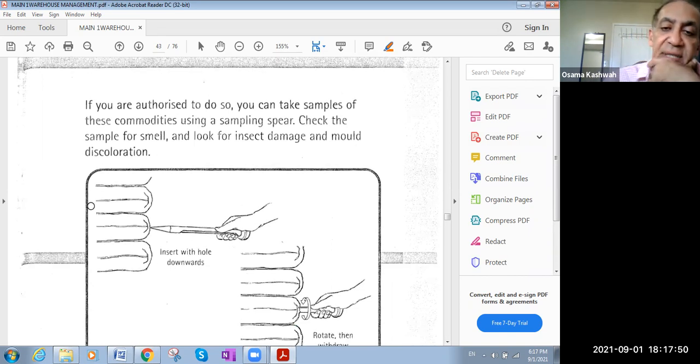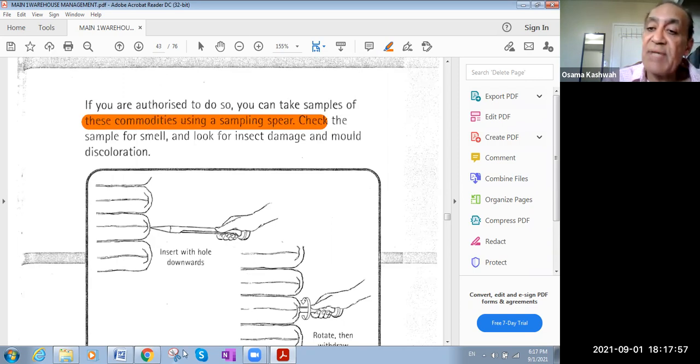You can take samples of the commodities using a sampling spear. So from time to time, you will do the sampling. Sampling means you take some of the products and check whether they are okay or not.